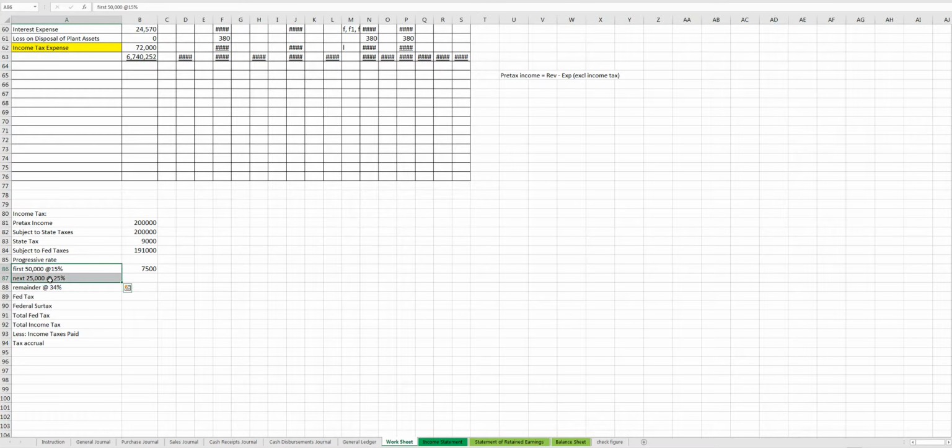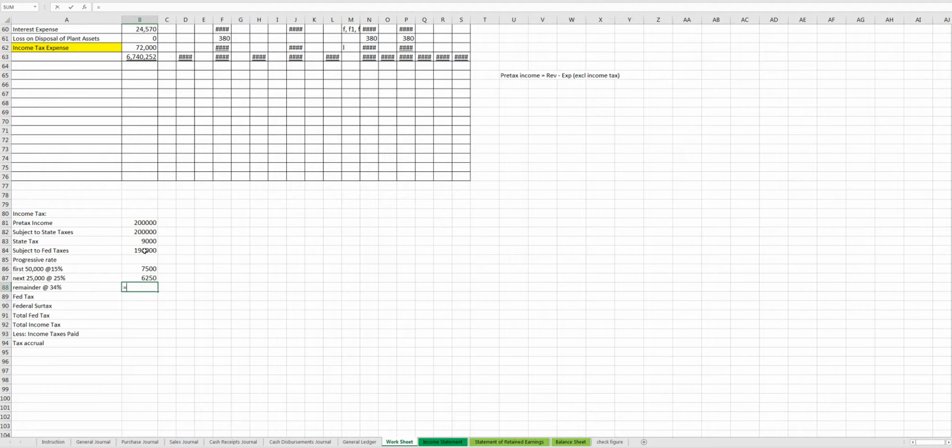Our income is also above the $75,000, so on the next $25,000 we're going to pay 25%. The rest of the amount we're going to pay 34%.